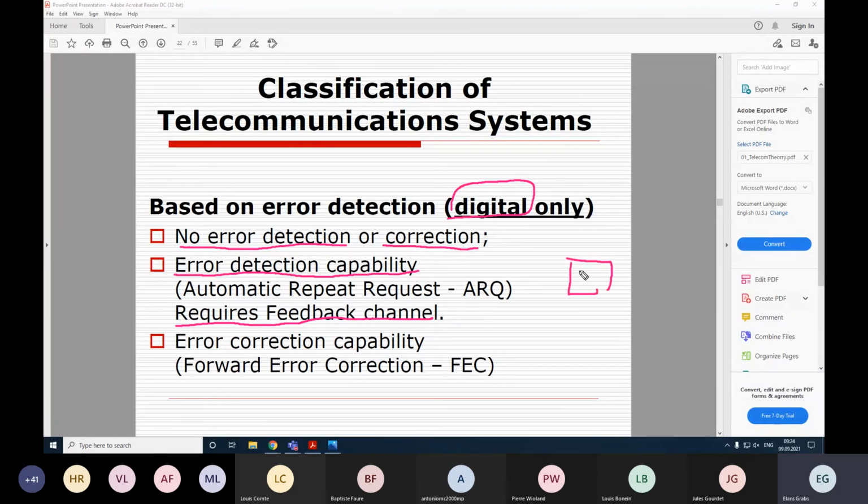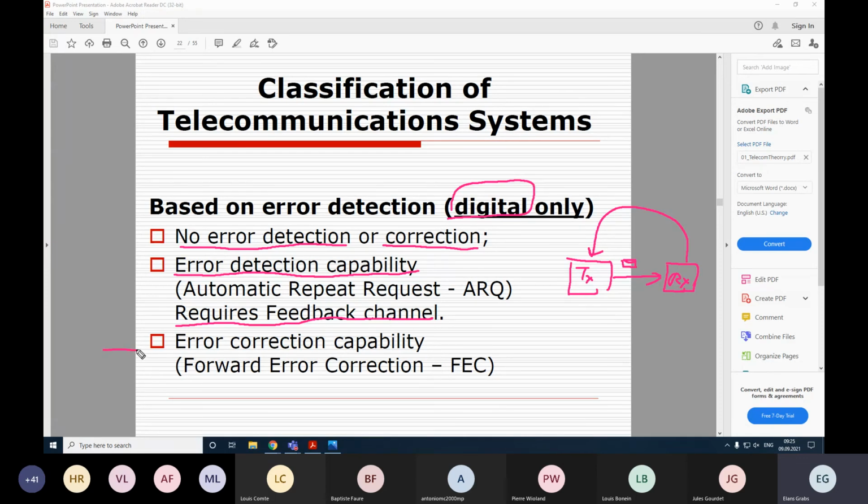So here is the transmitter, here is the receiver, here is the channel. The transmitter sends a message to the receiver. The message has an error. The receiver discovered that, and by using an additional feedback channel, it requests the transmitter to send this message again.